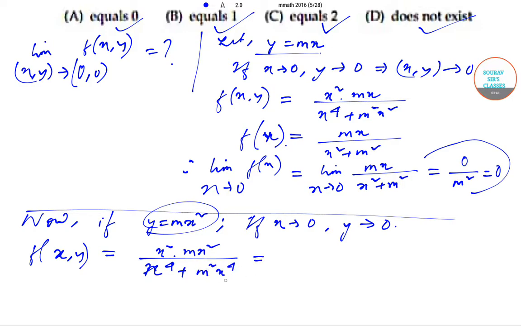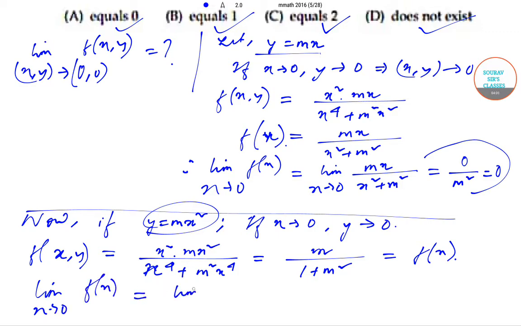So we divide x to the power 4 both on the numerator and the denominator, so this will give rise to m upon 1 plus m squared, and this is nothing but f of x, since we have already replaced y over here. So the limit as x tends to 0 of f of x will be given by the limit as x tends to 0 of m over 1 plus m squared, which is equal to m upon 1 plus m squared.